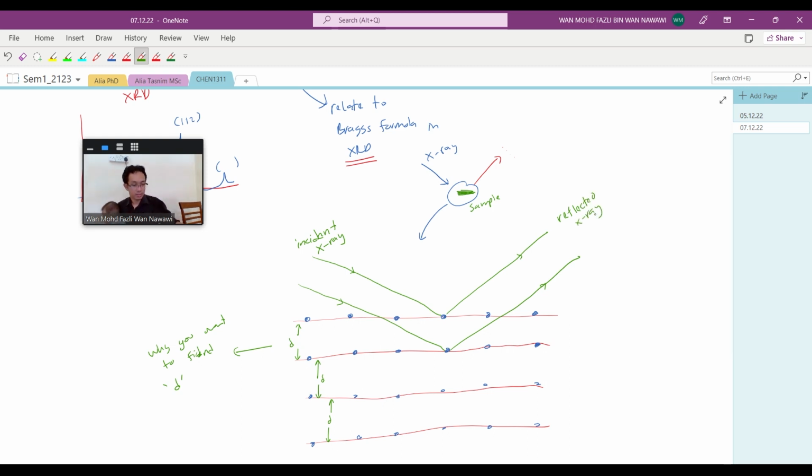And we know X-ray is a wave. So the wave is somehow something like this. Imagine now the wave.